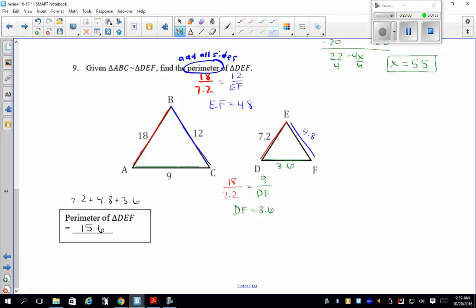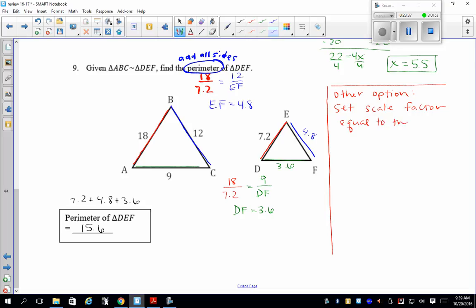Now there is a second way to do this problem. It's a little bit quicker. So I'm going to just show you to the side here. Another option is to set the scale factor equal to the ratio of perimeters.